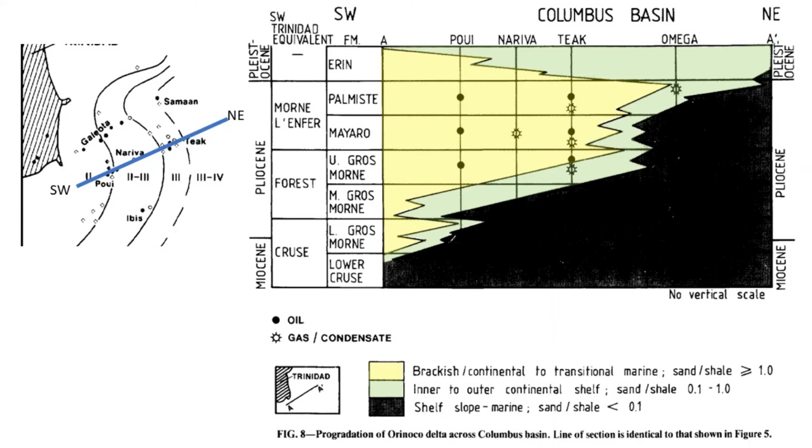The diagram also shows that towards the Pleistocene, the delta regressed and turned away from Trinidad as the Orinoco shifted to its present position.